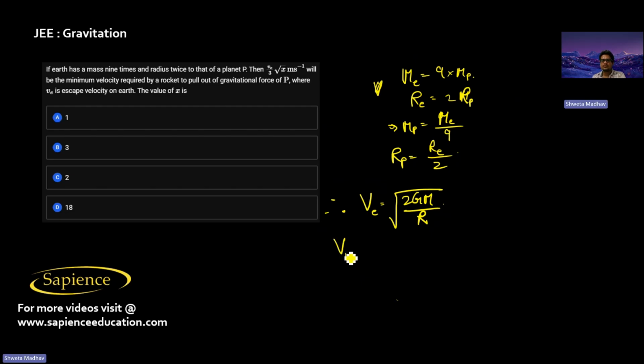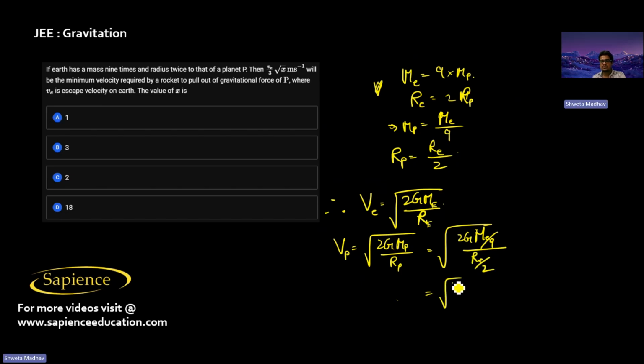The escape velocity on that planet will be root over 2 G M_p by R_p, and V_e is root over 2 G M_e by R_e. So this will be equal to root over 2 G M_p, that is M_e by 9, divided by R_p, that is R_e by 2.